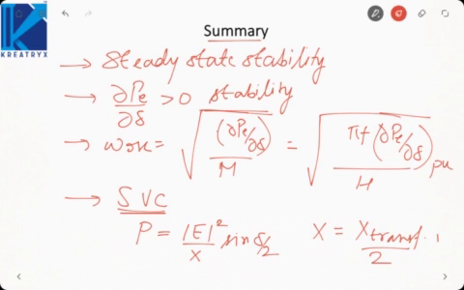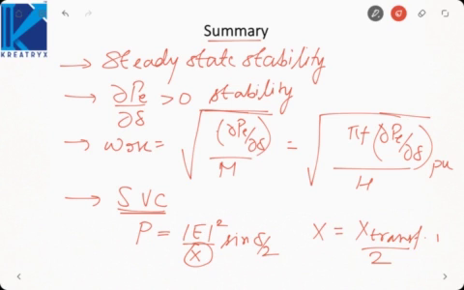So x is actually half of the reactance between the sending and the receiving end. If it is given to you that the reactance from sending to receiving is 0.2 pu, x will be 0.1 pu. It is half of the transmission line reactance. So this is all about your steady state stability.